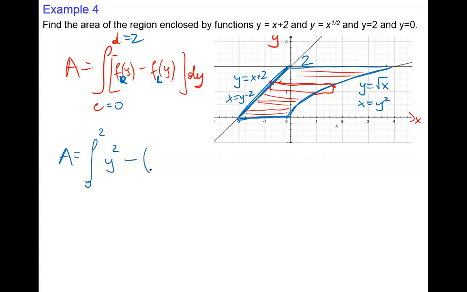On the left-hand side, we have y minus 2. Okay, so we can see the right equation and the left equation, because that's how we get the distance of the horizontal line.